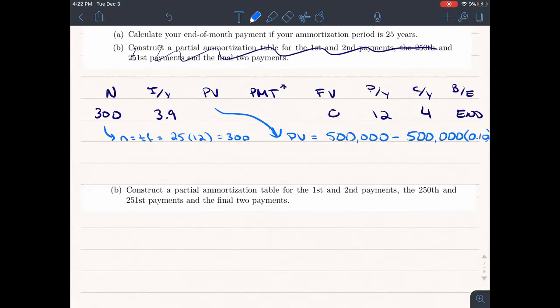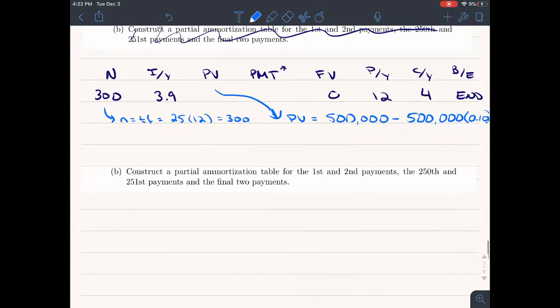It doesn't matter, right? 500,000 times 0.9 is going to give you the same answer. But 10% of 500,000 is 50,000, right? And so we get 500,000 minus 50,000. So our present value is 450,000.